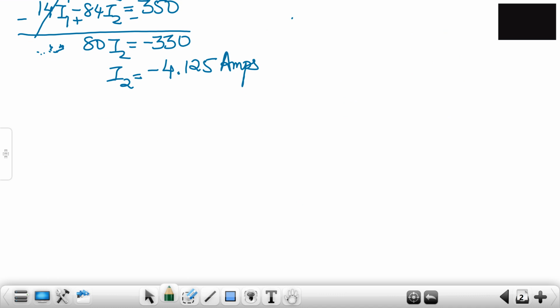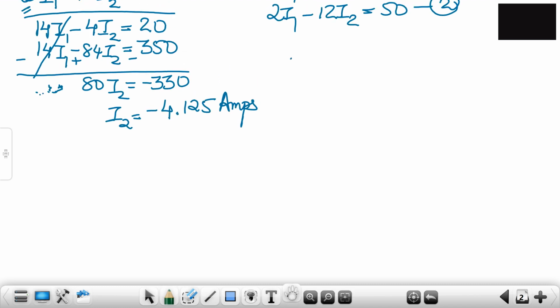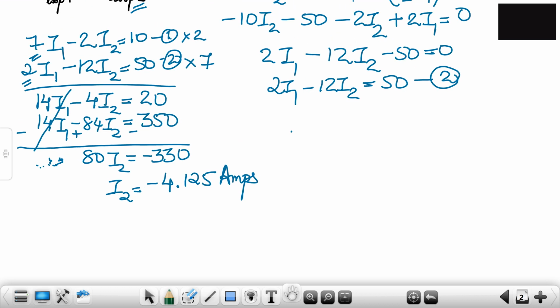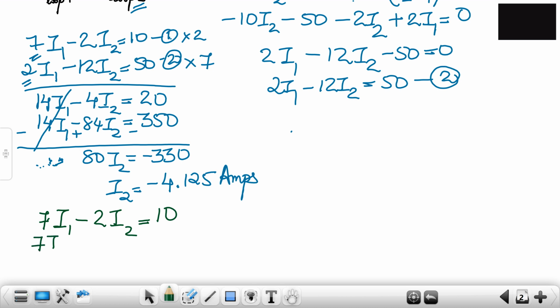Now let's solve for I1. We all know the first equation. What is the first equation given as? 7I1 minus 2I2 is equal to 10. So we already know the value of I2.